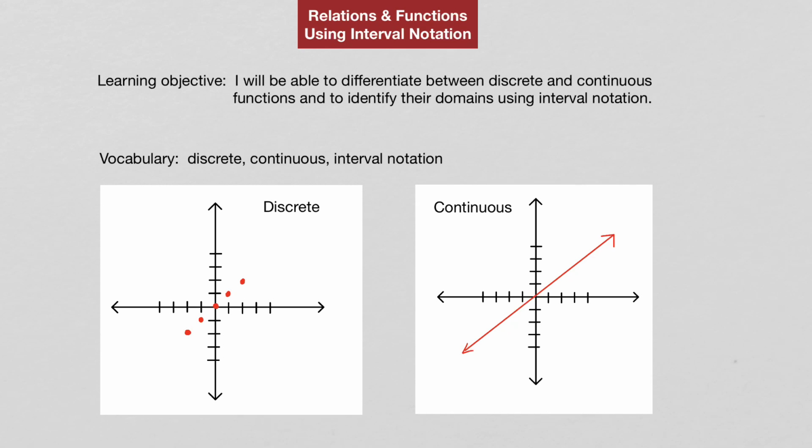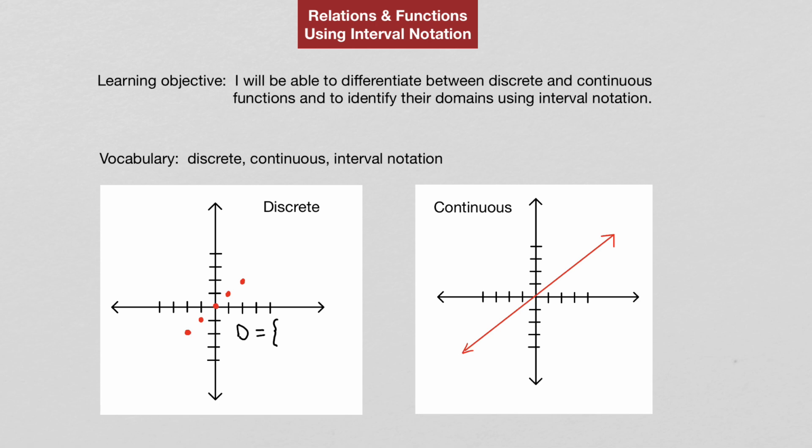Now, to identify the domain and the range for a discrete function or a discrete relation, it will look as follows. So domain is going to be equal to, and then we're going to create this squiggly bracket.